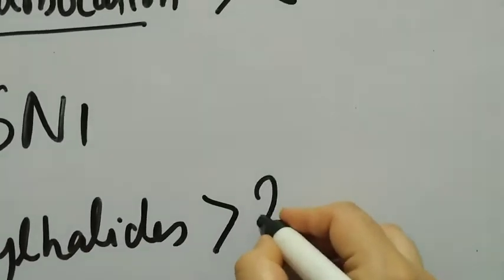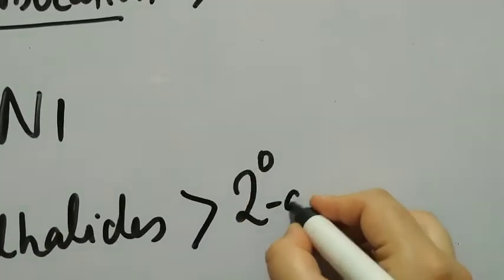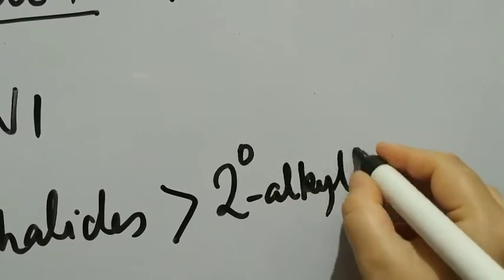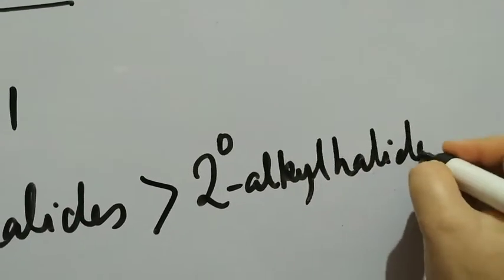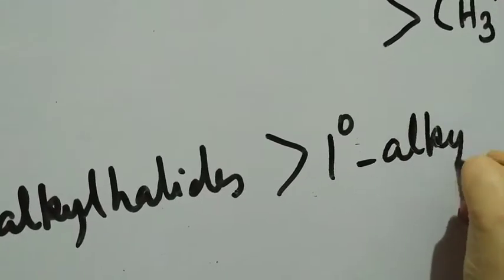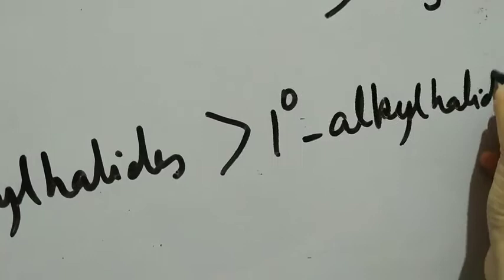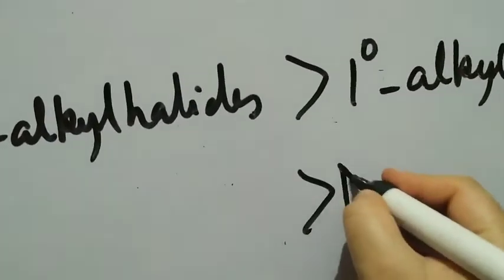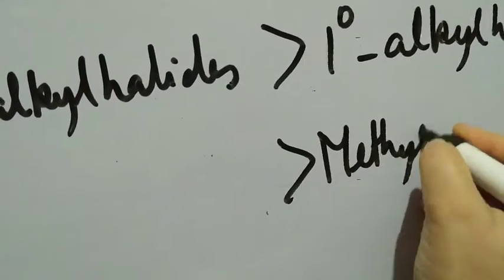After that, next in order will be 2-degree alkyl halides. Next in order will be primary alkyl halides. And last in this order will be methyl halides.